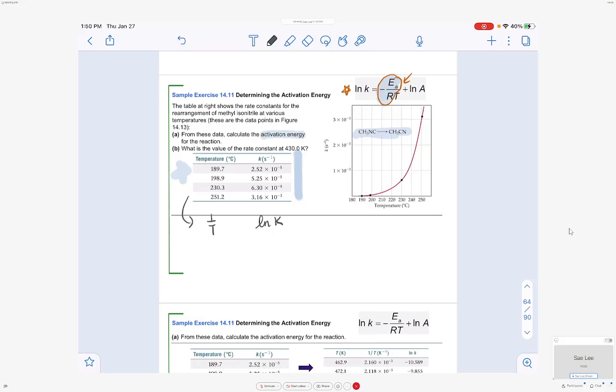Again, the temperature needs to have a unit in Kelvin, the SI unit, so we need to convert this degree Celsius into Kelvin.